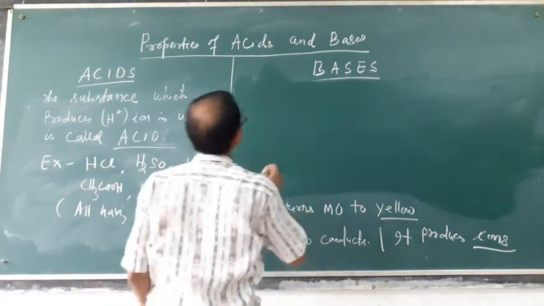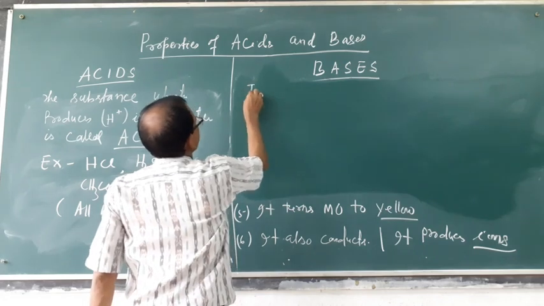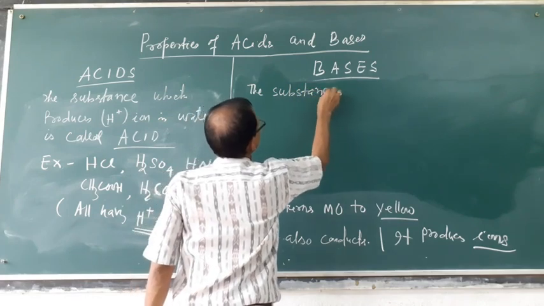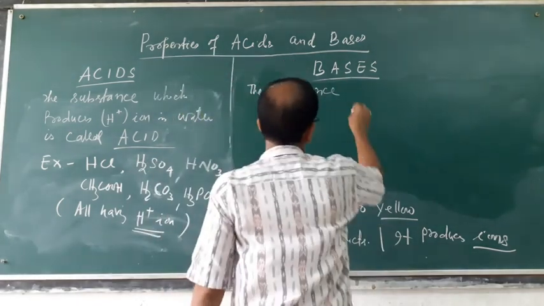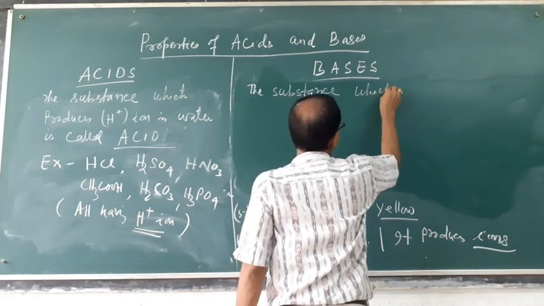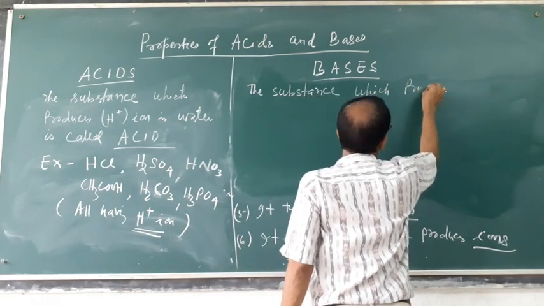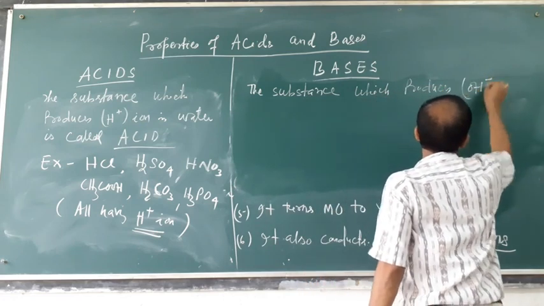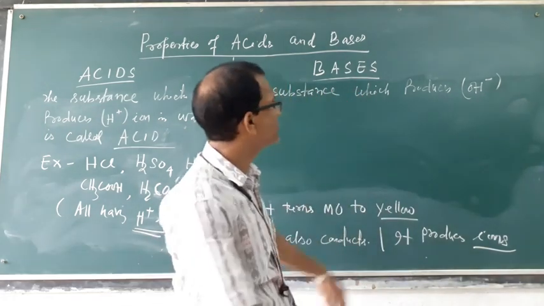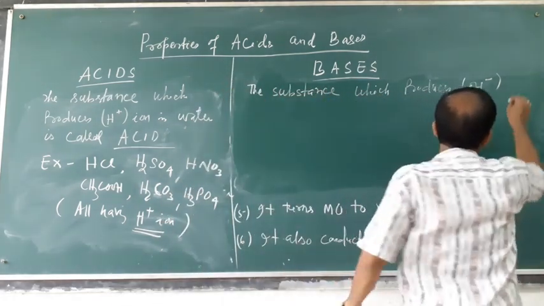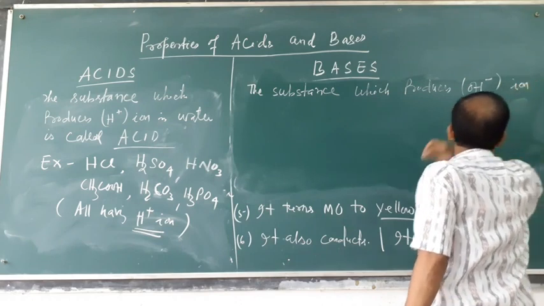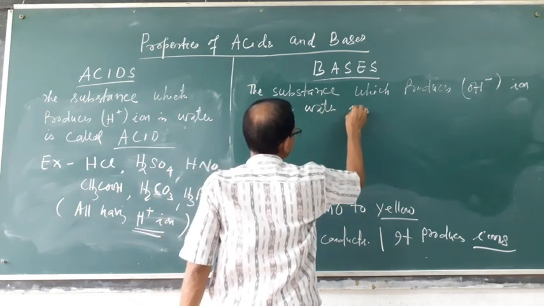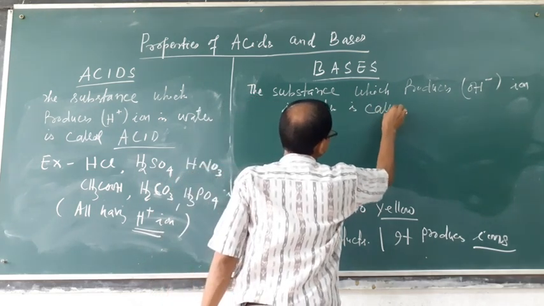The substance which produces OH minus, called the hydroxide ion, in water is called a base.